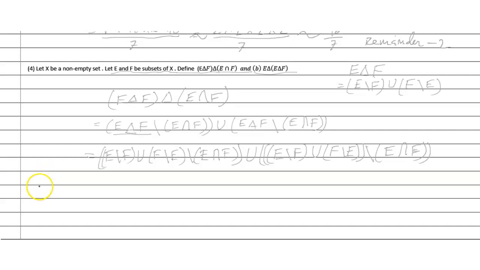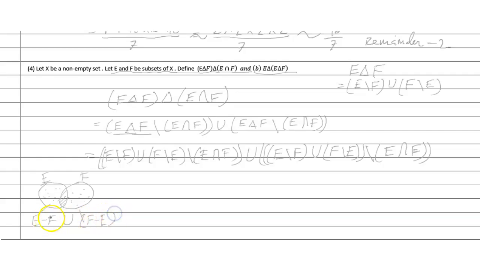Now friends, what is the meaning of E minus F and F minus E? This is E and this is F, according to the Venn diagram. So this is the common portion. This portion is called E minus F and this portion is called F minus E. So this is the union.